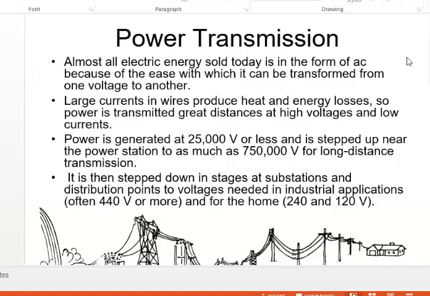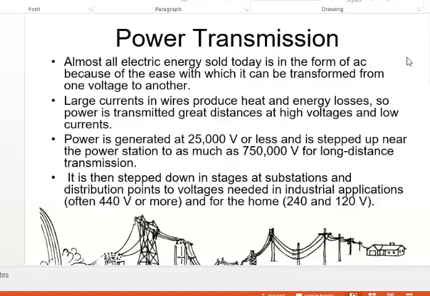Now, as for example, here you can see power is generated at 25,000 volts or less and is stepped up near the power station to as much as 7,50,000 volts for long distance transmission.